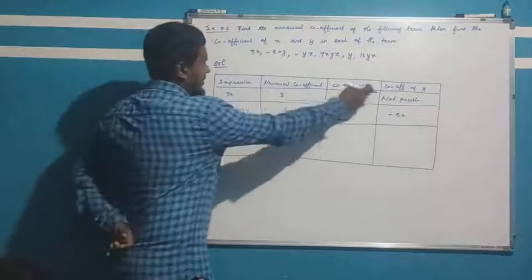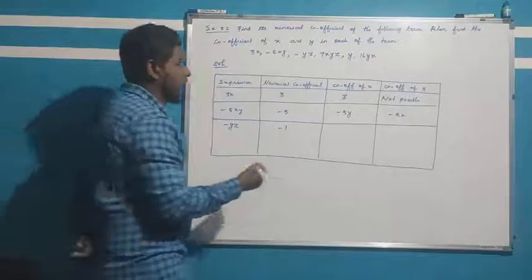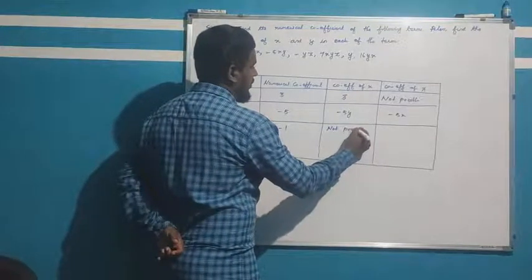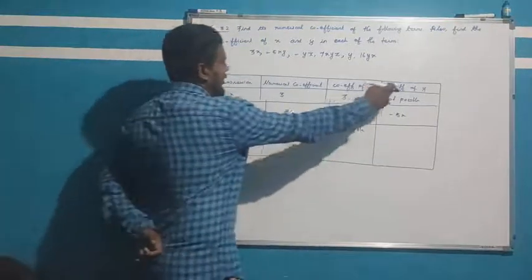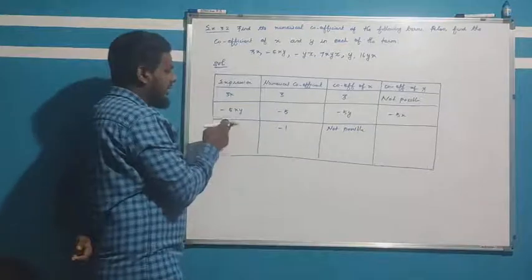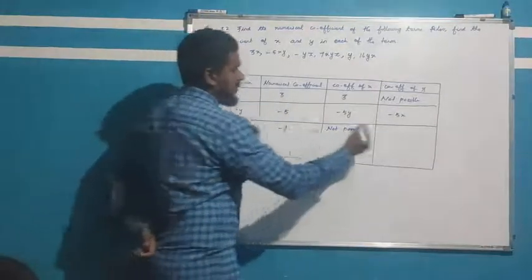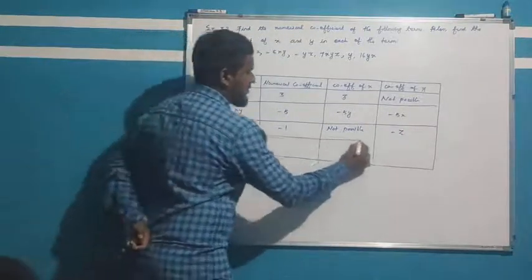Coefficient of x: here x is not there, the x variable is not there, so it is not possible to find the coefficient of x. Then the coefficient of y: the product is z, and you also have to consider the sign. Minus z is the coefficient of y.